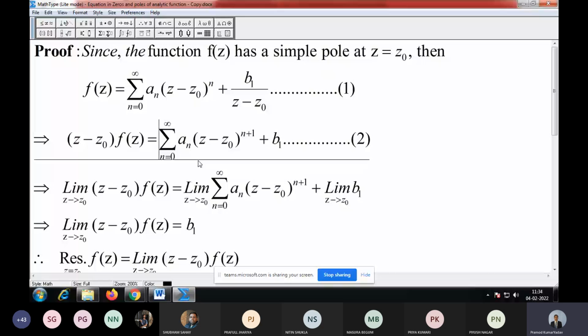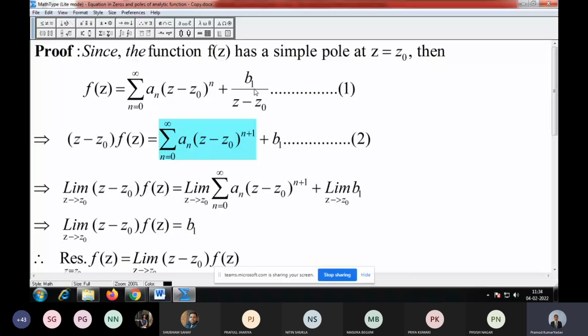So we may take the limit as z tends to z naught. When n is 0, then z minus z naught. N is 1, then (z minus z naught) square. N is 2, then (z minus z naught) power 3. It means every term will contain z minus z naught. So when we take the limit as z tends to z naught, all terms will vanish, and here we will get b1.